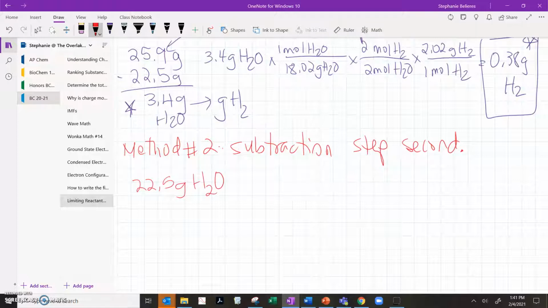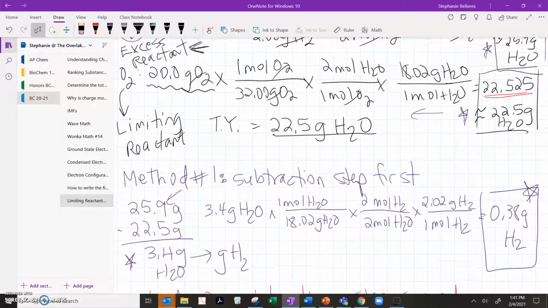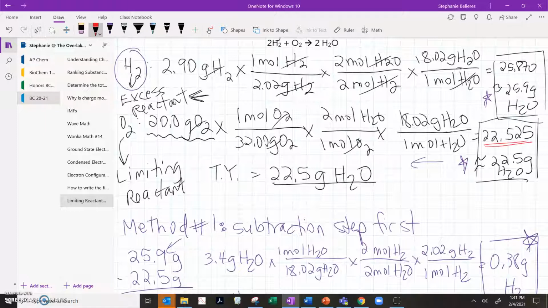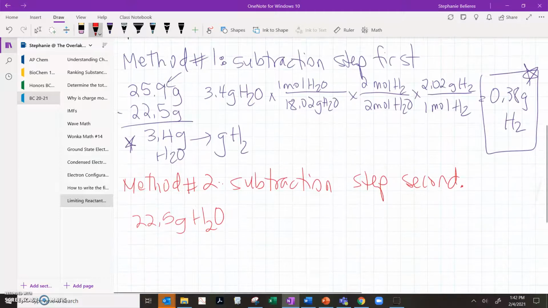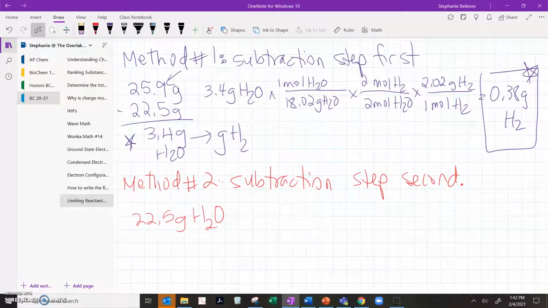Now, remember that I calculated the 22.5 grams starting with oxygen. So that's how much I can form when I completely use up my oxygen. But now I'm going to take 22.5 grams of water and see how much hydrogen I would actually use to make it. And then I'm going to subtract that from what I start with. So this is my theoretical yield that I just calculated.